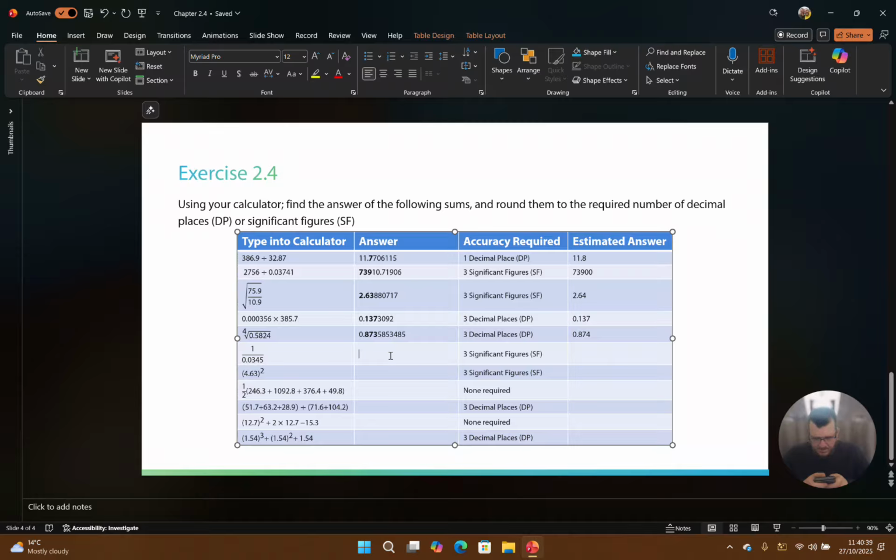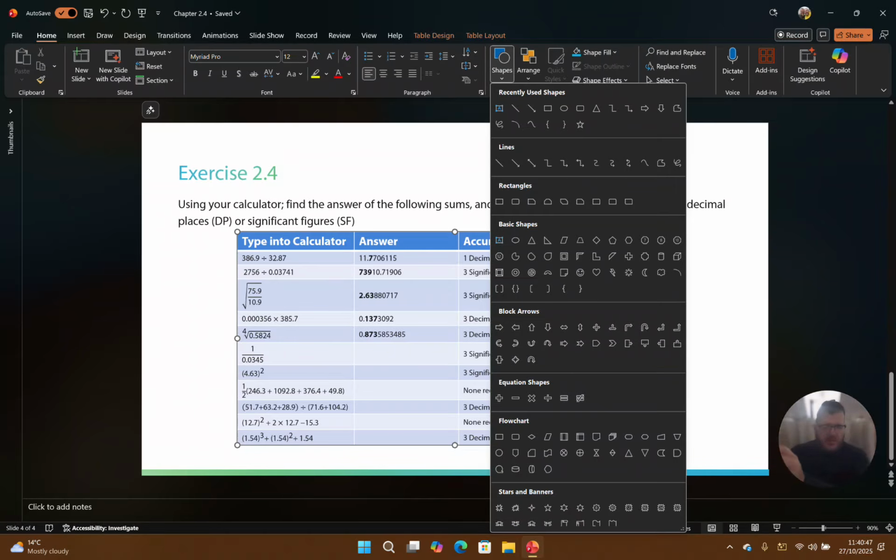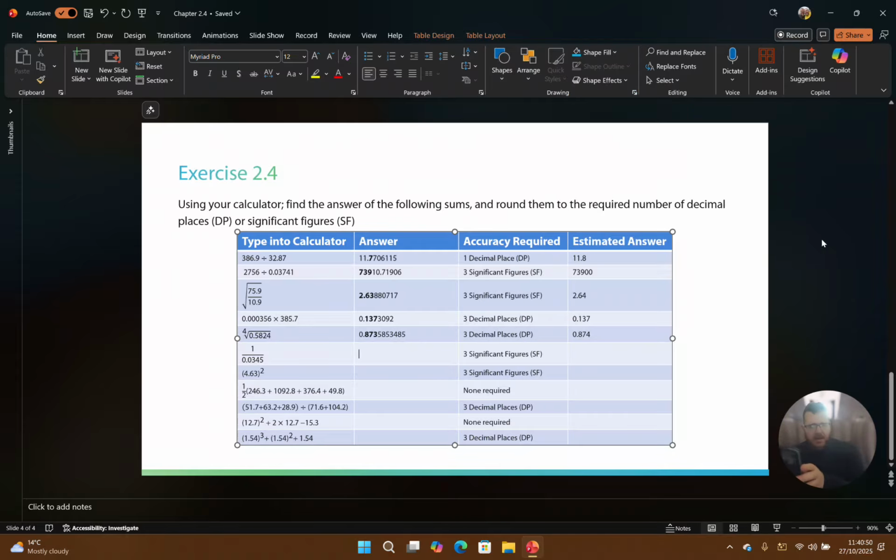I can. It's a recurring. So if you see the dot over the top, whoops, I didn't want to do that. If you look at the dot that's hovering over the top of that number, that indicates that it's a recurring digit.